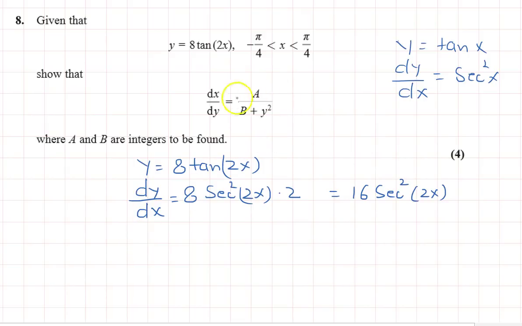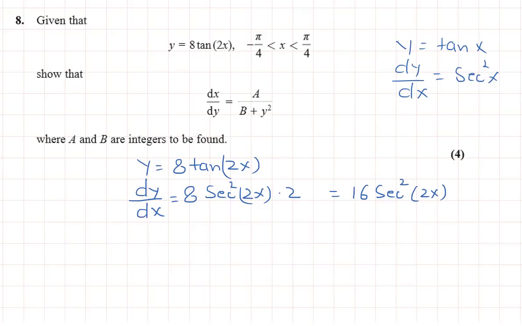Now we have to write it in this form of a over b plus y square. Now how to convert it into this form? So let's simplify this. We can write it as 16, not 8.